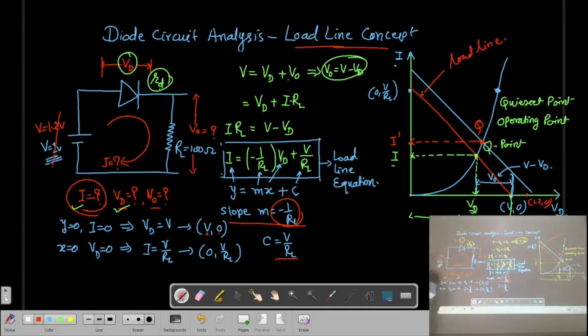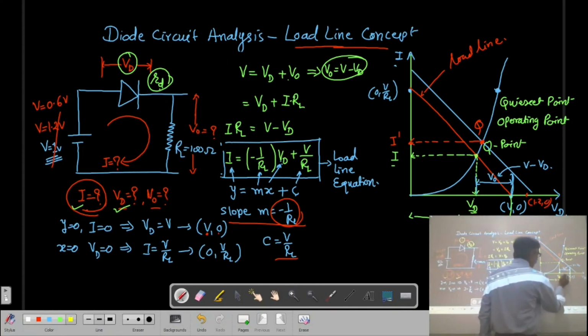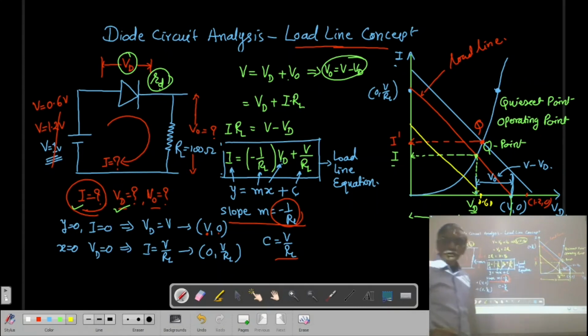If my input voltage, let us say, is V equal to 0.6 volt, correct? Somewhere here we have 0.6 volt. Then you can draw a line parallel to this because RL is not changing, so we can plot a parallel line.